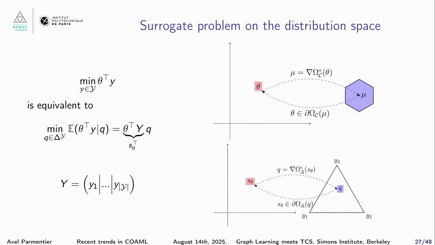A second thing you can do is to have the equivalent problem, which is to optimize over the distribution over Y. So delta I is the probability simplex over my combinatorial large set Y. And theta dot y is a vector with, for each coordinate, the value of the objective for y. If I optimize this, the optimum is going to be a Dirac in the optimal y. So these two problems are equivalent.